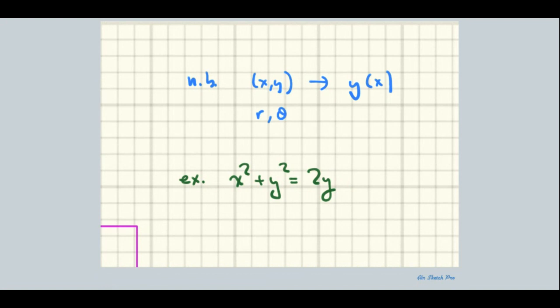And I want to point out, guys, when we do angles in polar, it's r as a function of theta. You'll have r as a function of theta. And you notice the difference here? In the rectangular coordinates, y is your dependent variable.